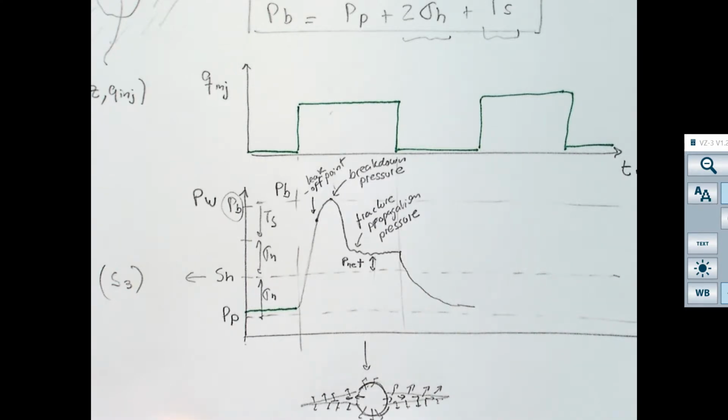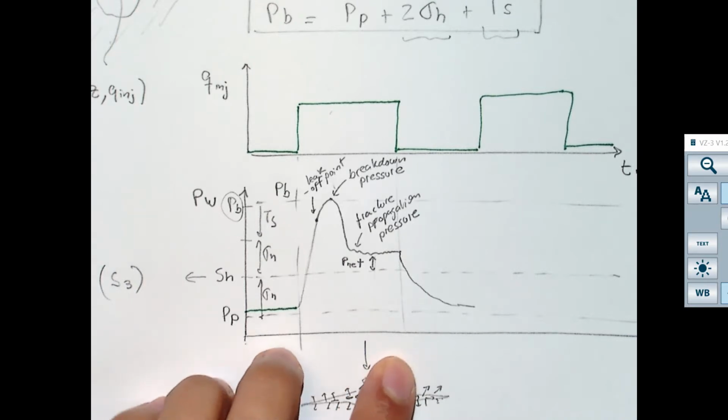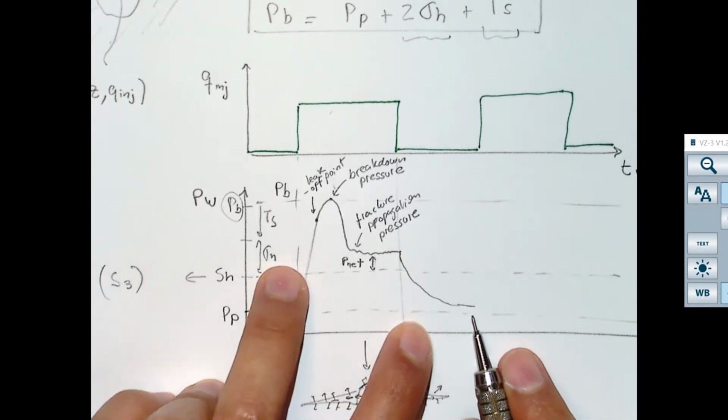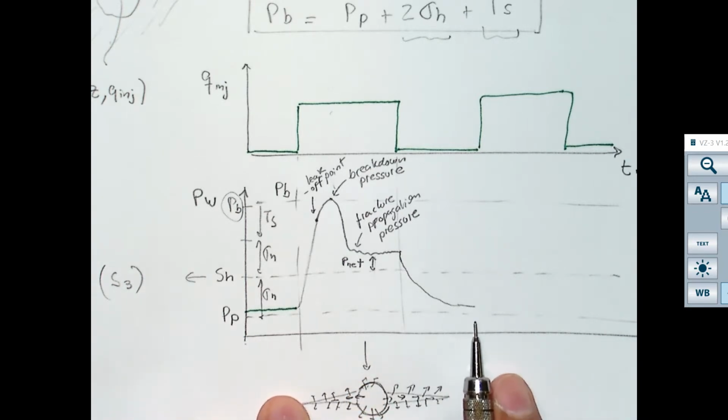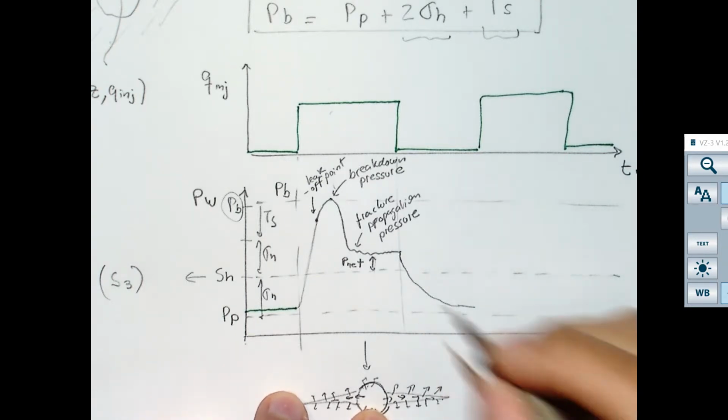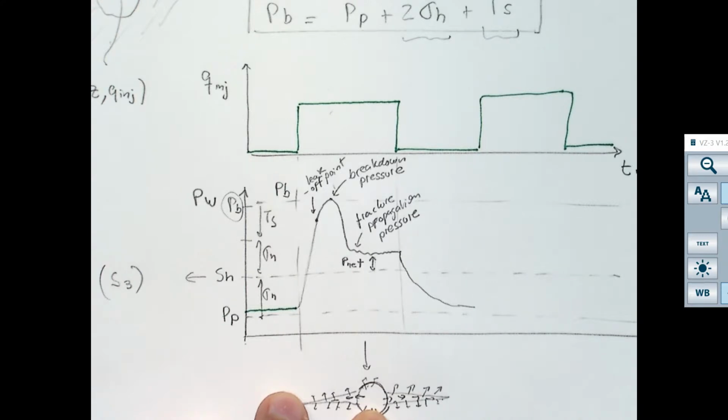Maybe it will never reach the pore pressure, or well, in an infinitely long time it will reach the pore pressure, but in a short time it might not. But it's not going to go below the pore pressure. There are two very important points or times to consider over here.